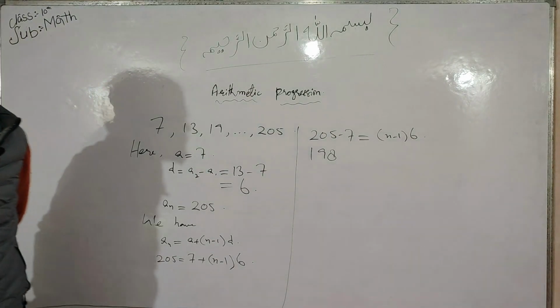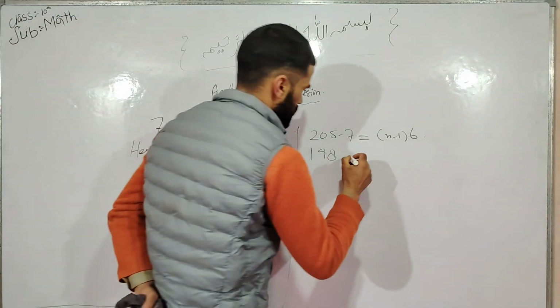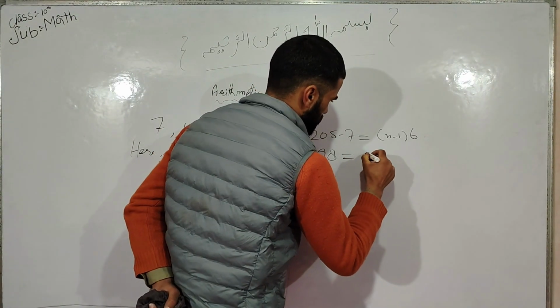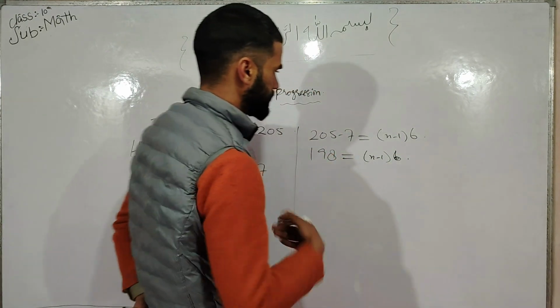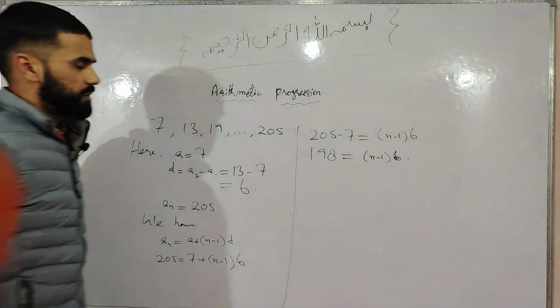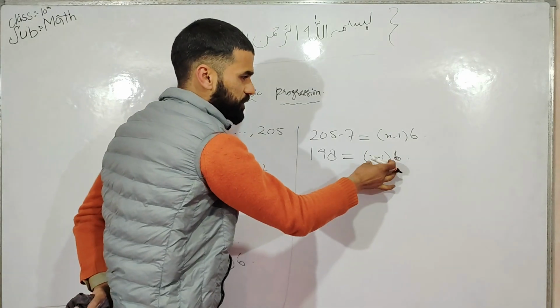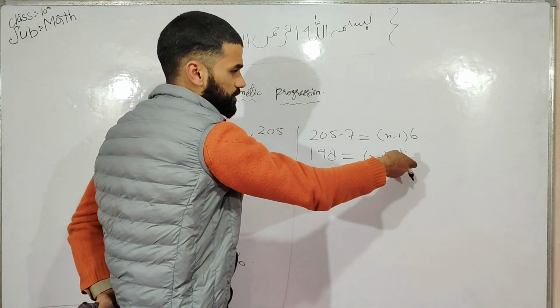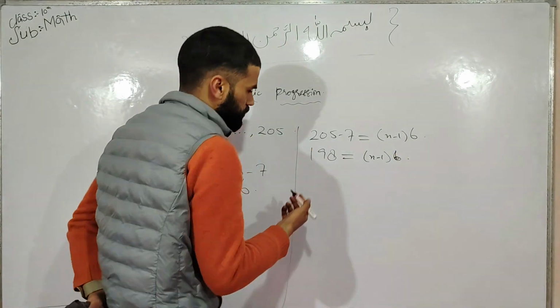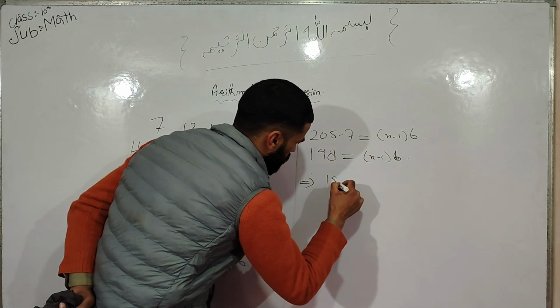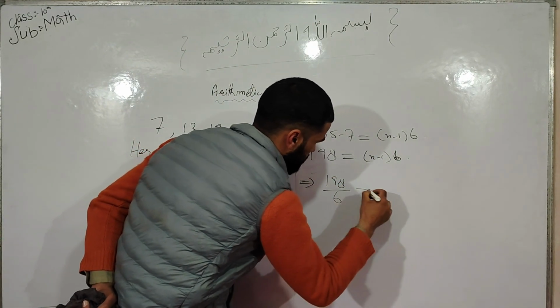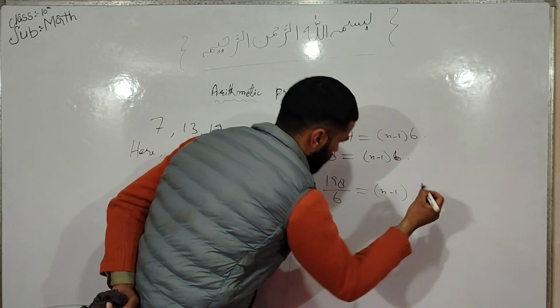Yeah, 198. So this is equal to n minus 1 multiplied by 6. यार इस 6 को क्या हो रहा है? Okay, now the 6 is in multiplication here. So if we transpose the 6 to LHS, it gets divided. So this will be 198 divided by 6, and this is equal to n minus 1.